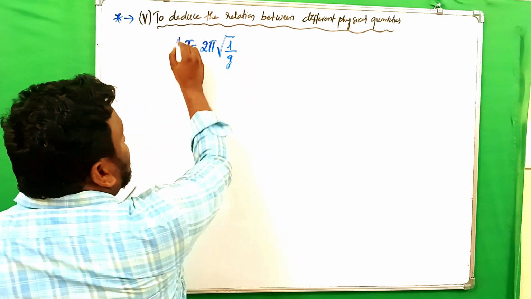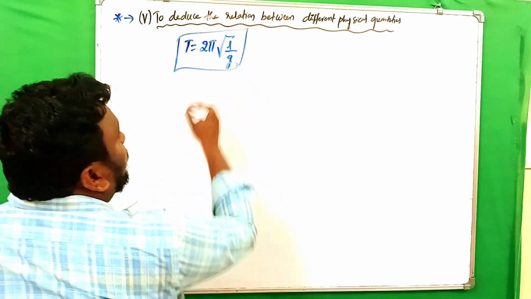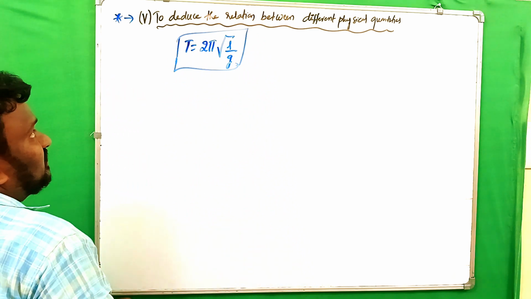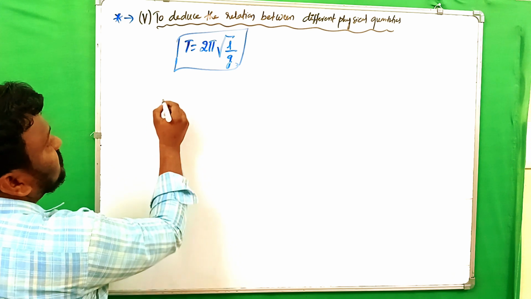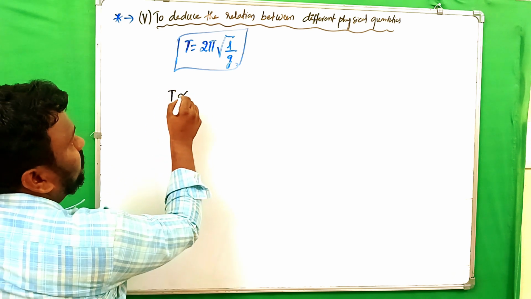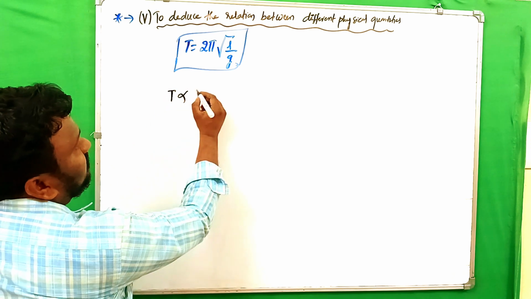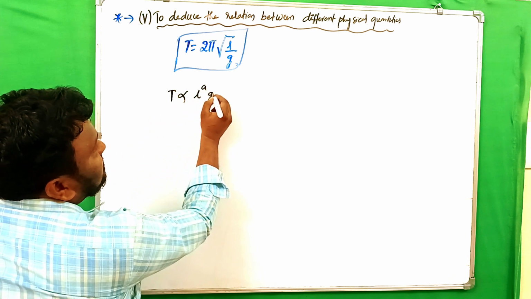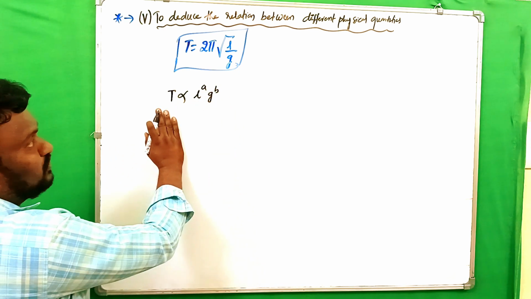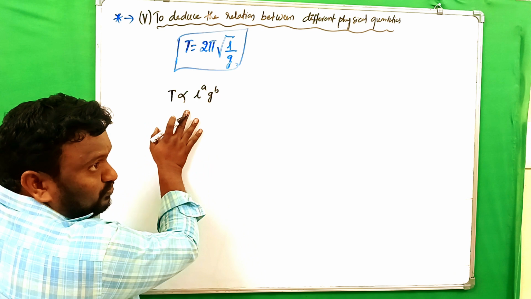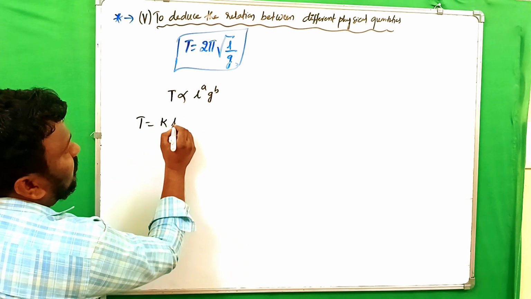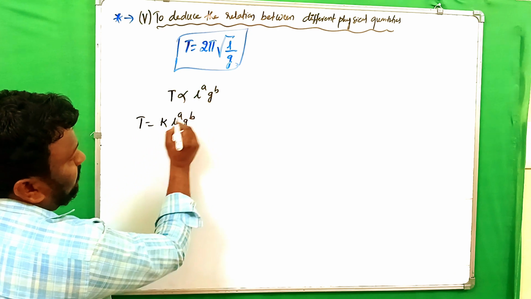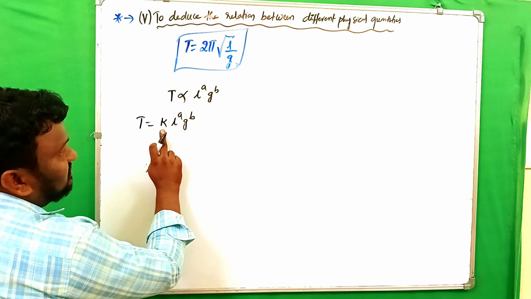For that you have to go for the principle of homogeneity, and take the equation like this: T is proportional to L to the power of a and g to the power of b, and we are using some constant K into L to the power of a and g to the power of b. Here K is a constant.